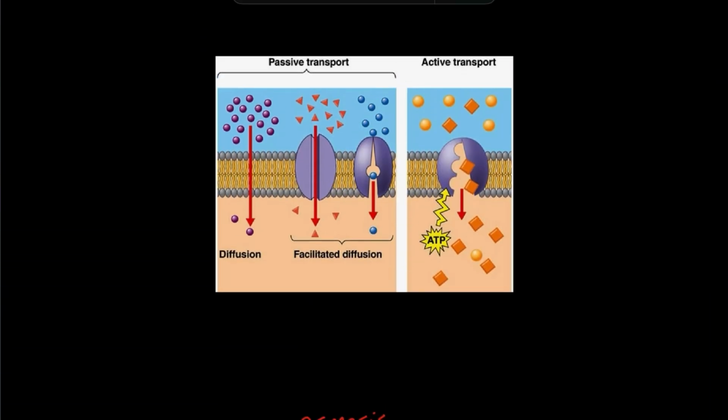The first major category is passive transport. Passive transport doesn't require the cell to expend energy.